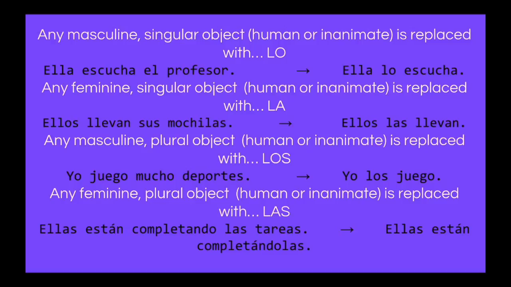Any feminine singular object, human or inanimate, is replaced with la, just like ella. Any masculine plural object, human or inanimate, is replaced with los, just like ellos. Any feminine plural object, human or inanimate, is replaced with las, just like ellas.